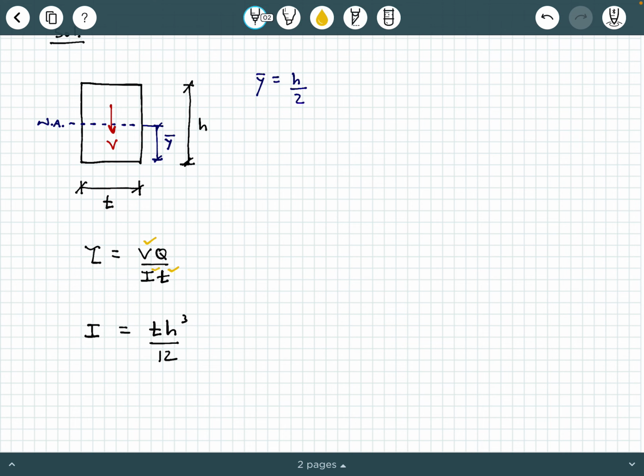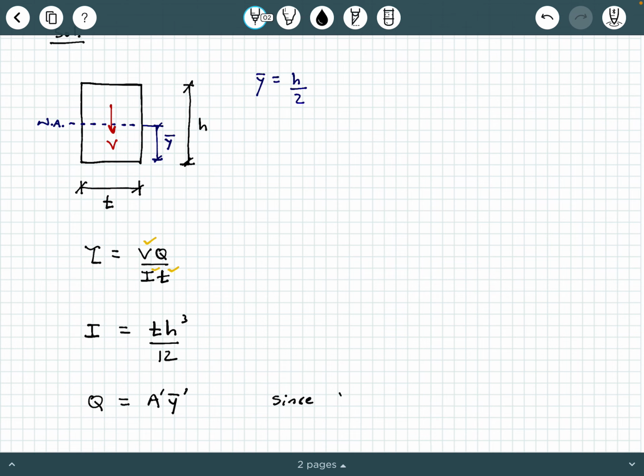Now the question becomes, what do we do with Q? Well, we know that Q is equal to A prime Y prime bar. Here's what I'm going to do.